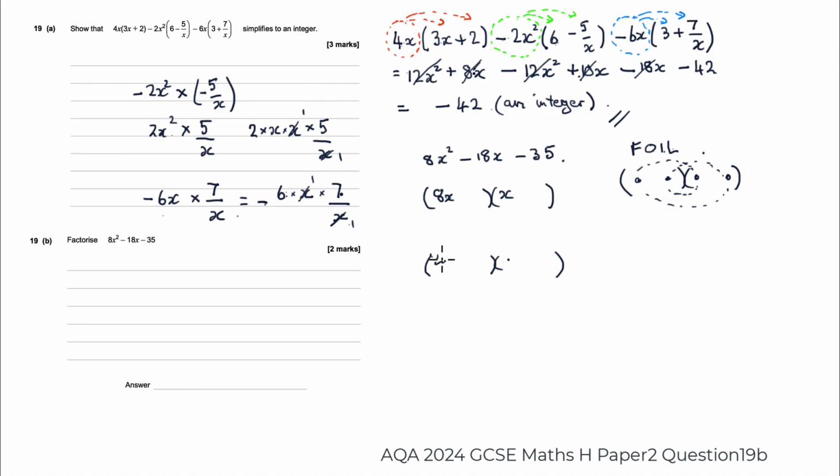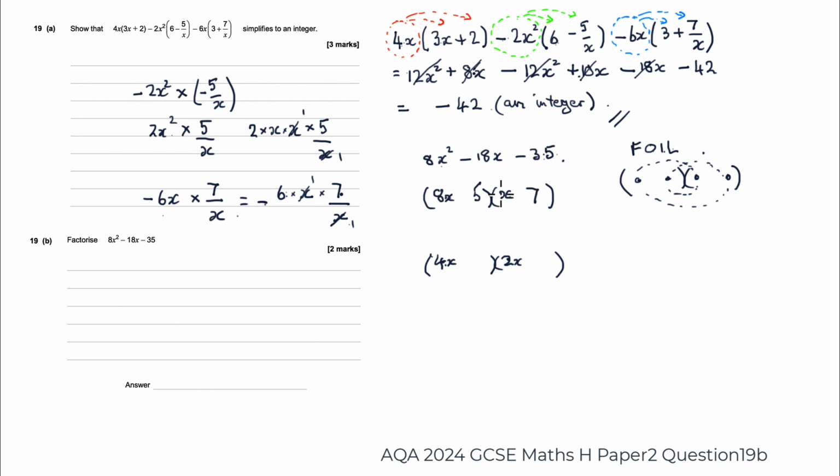It could be a 4x times a 2x. 4x times 2x does give us 8x squared. And then look at this 35. Now, it could be 35 times 1, but that's a very large number, 35. Now let's try 5 7s. Now remember, if this doesn't work, we can go back and try 35 times 1. But 5 7s are 35.